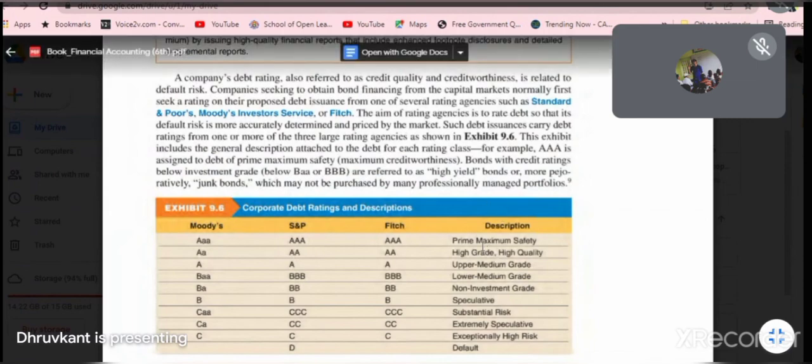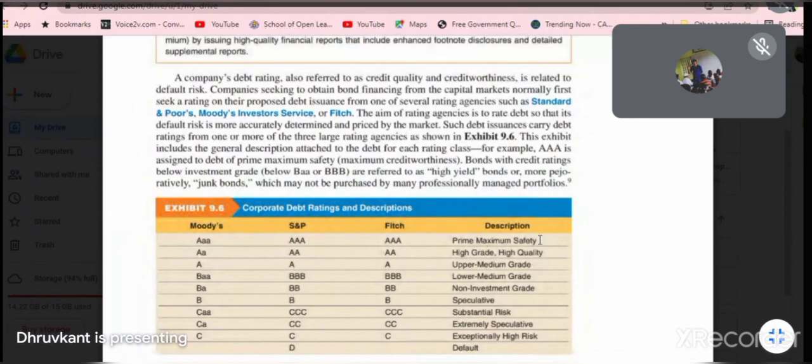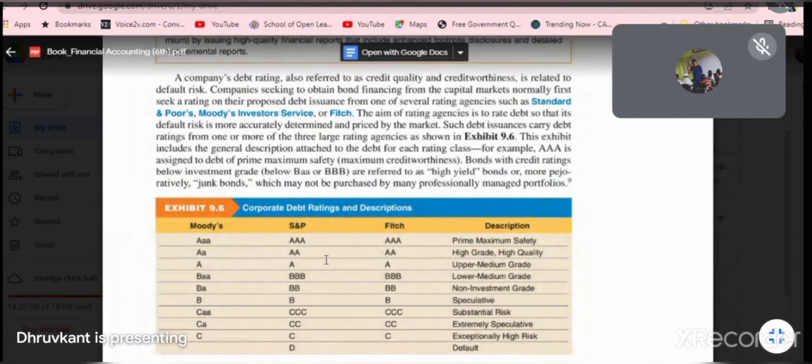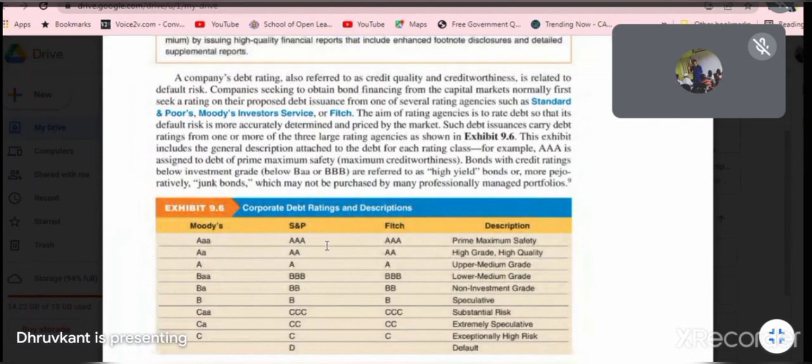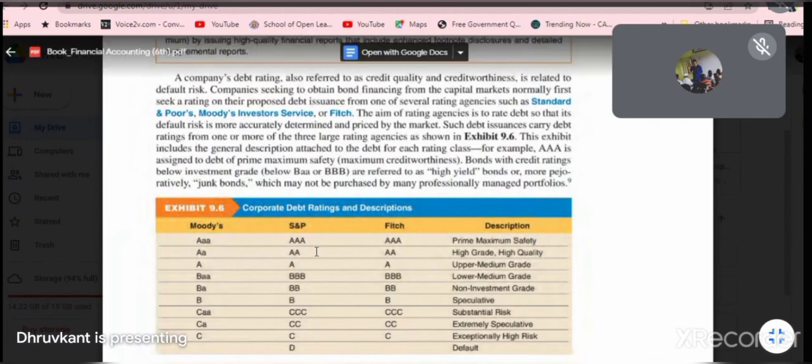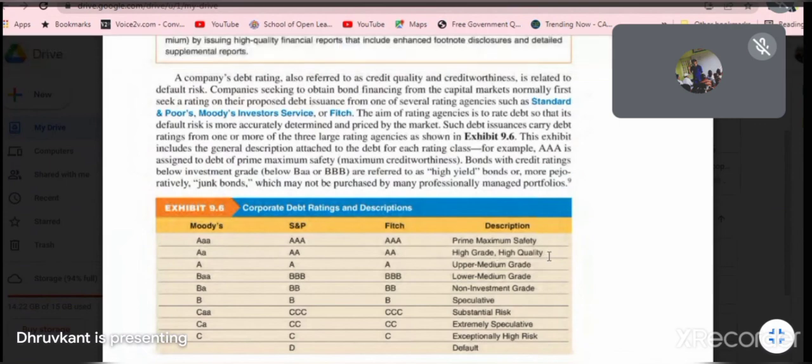Triple A means prime, maximum safety, meaning your amount is much safer. If any company is getting the triple A rating, you can feel free to invest in that debenture, right? Double A means high grade, high quality.